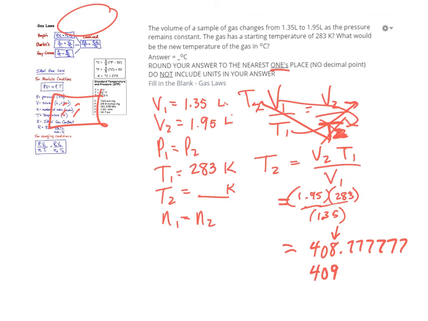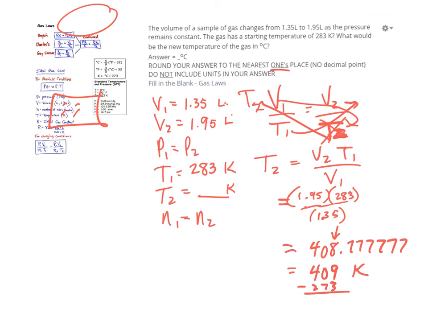Now it says don't include units, but what would the units be? Now this is a temperature in Kelvin. If I put 409, I'm not going to get it right because they want it in Celsius. Remember, to go from Kelvin to Celsius, I have to subtract 273.